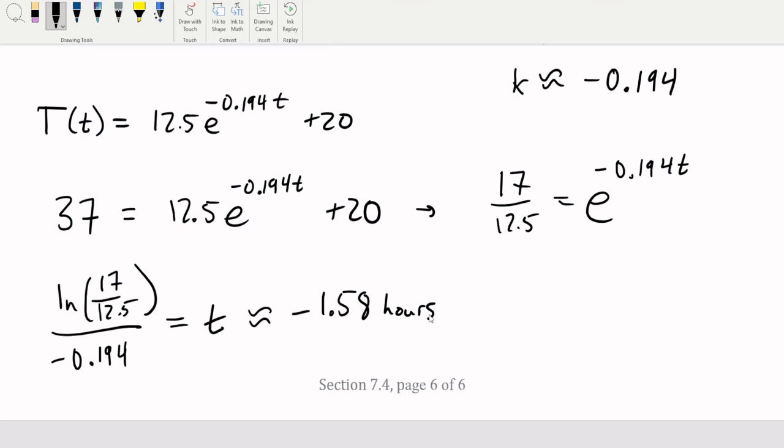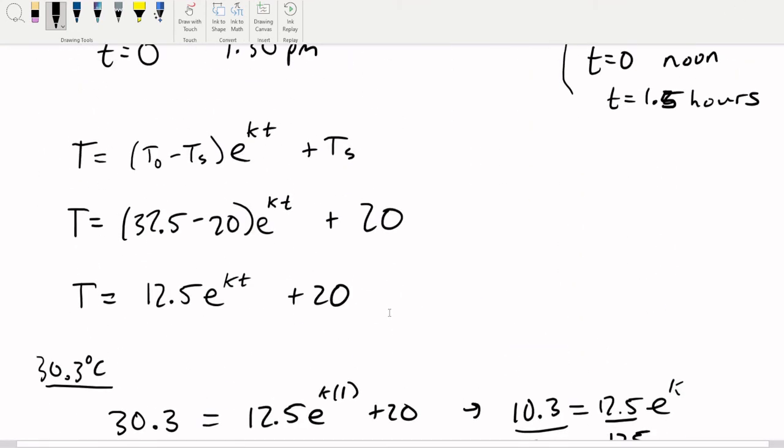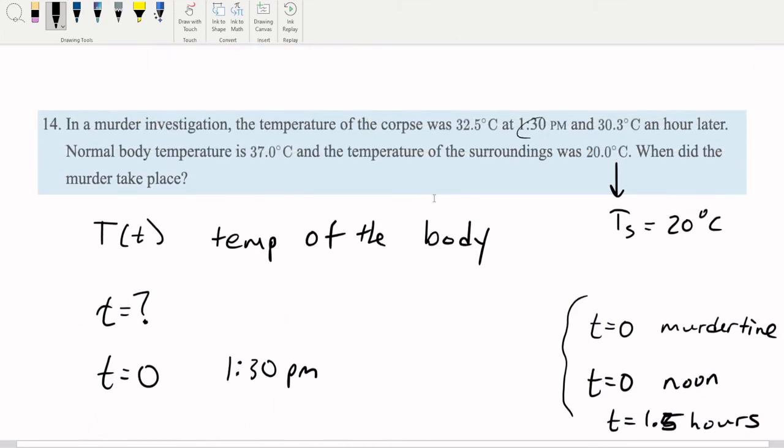Okay, and so at this point you might be like, well, Mr. B, come on, you always said no negative time. You got to be thinking about that. In this case, negative time is actually okay, right? Because the whole point of this was we know things that have happened in the future to this temperature, and we want to go backwards to figure out a time in the past.